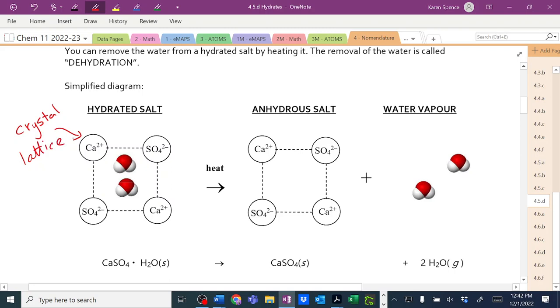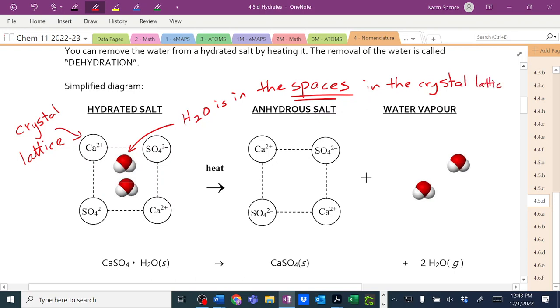Within there, the water is in the spaces in the crystal lattice. We heat it up, and the water comes out as a gas.